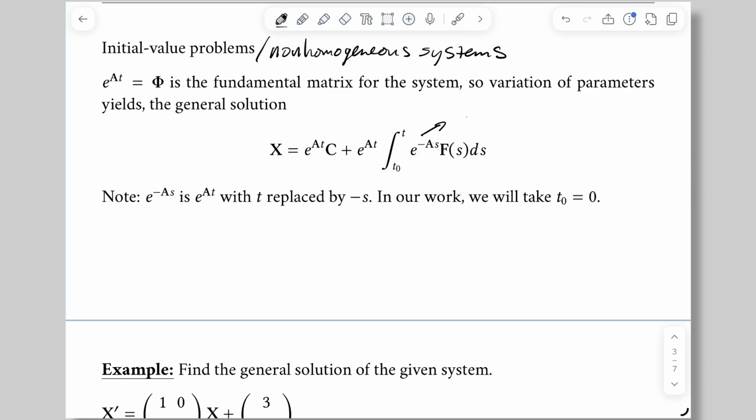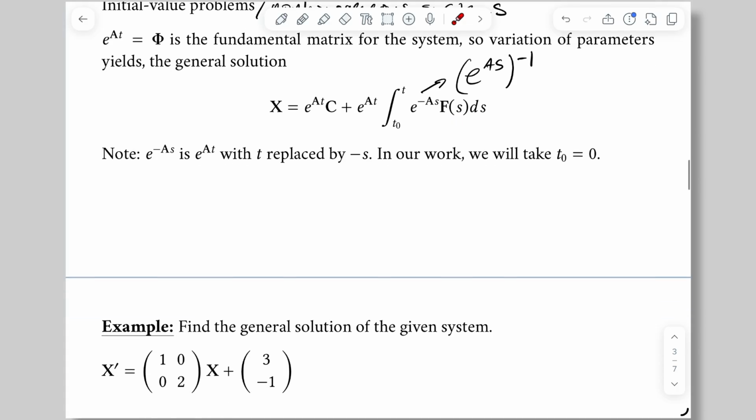Remember that e to the negative As is the inverse of e to the As. So that's why it appears with the e to the negative As in our formula. In our work, we're going to take t naught to equal 0, and I'll also remind you that the s in this context is a dummy variable.